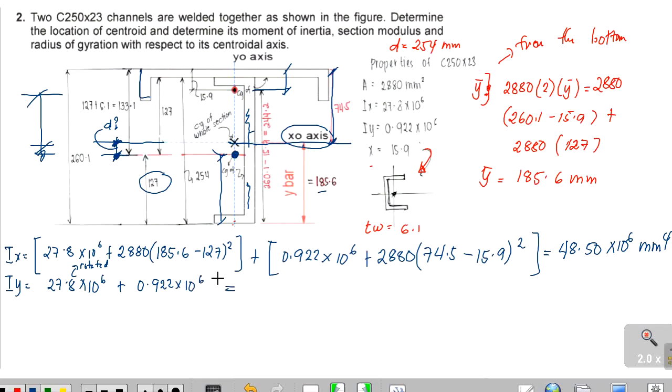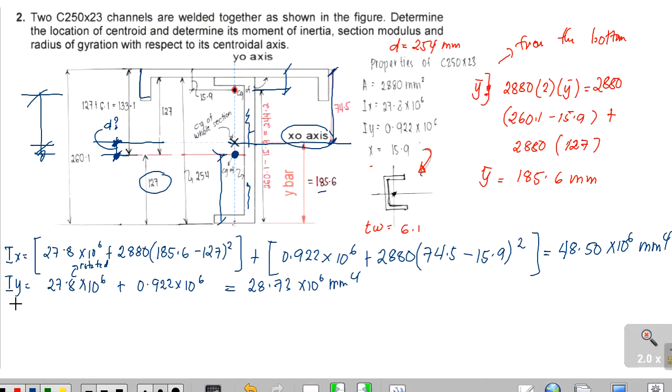That is our Iy. We don't need to transfer our moment of inertia since the centroid coincides with the centroid of the whole section. So that is equal to 28.72 times 10 raised to 6 mm to the 4. This will be now our Iy.